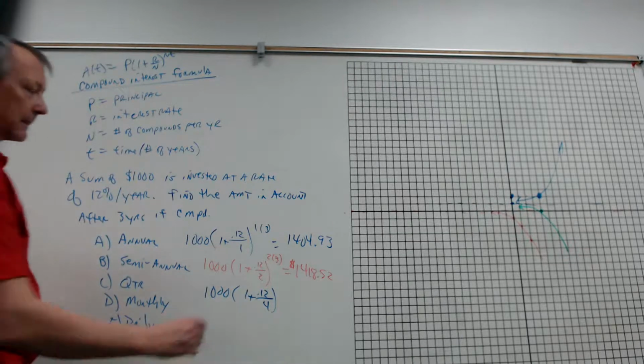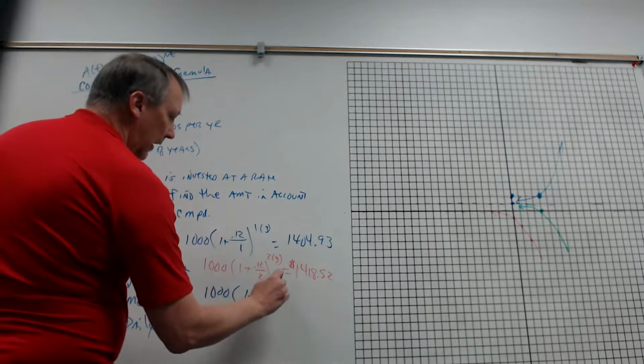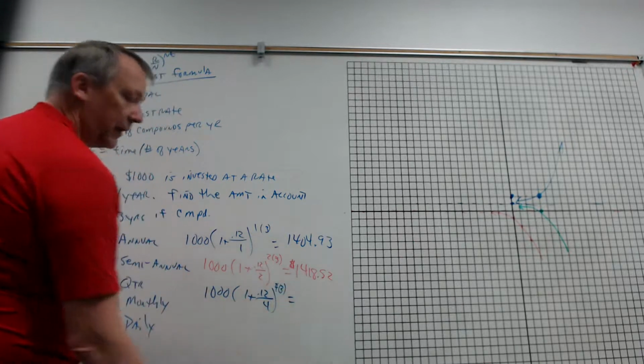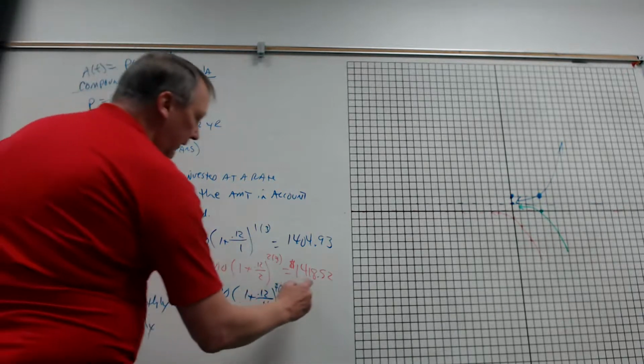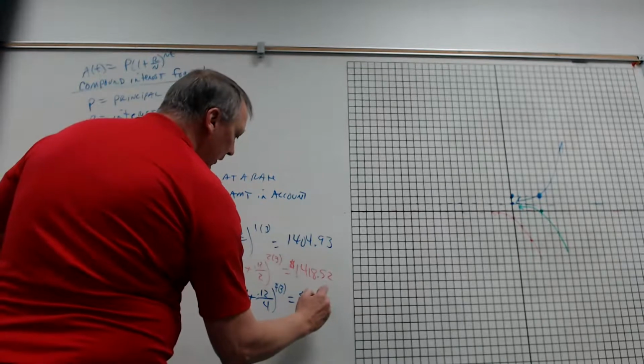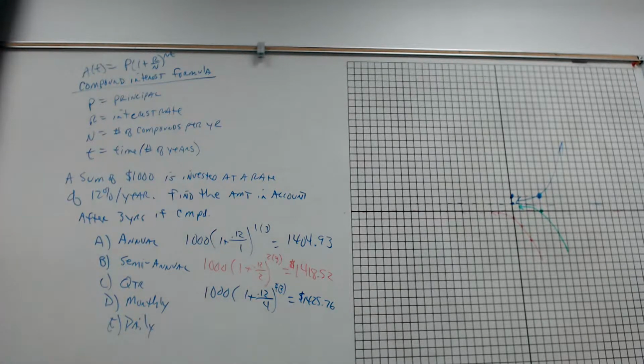The exponent is 4 times 3 years. According to the book, you should get 1425.76. Hopefully y'all can do that with your calculator. How much more are you making over semi-annually?